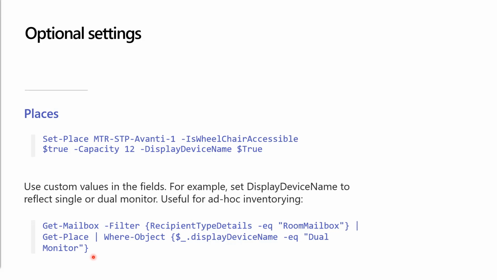This wouldn't be seen by end users using Outlook. This is strictly for IT administrators. The end user would just see if they tick the box for I want to have a room that has a video camera, for example. It doesn't matter if it's $true or if it says high definition video or whatever. They will still be able to check that out.